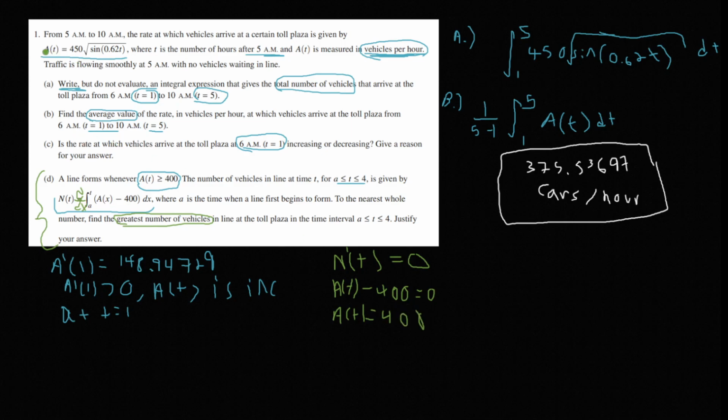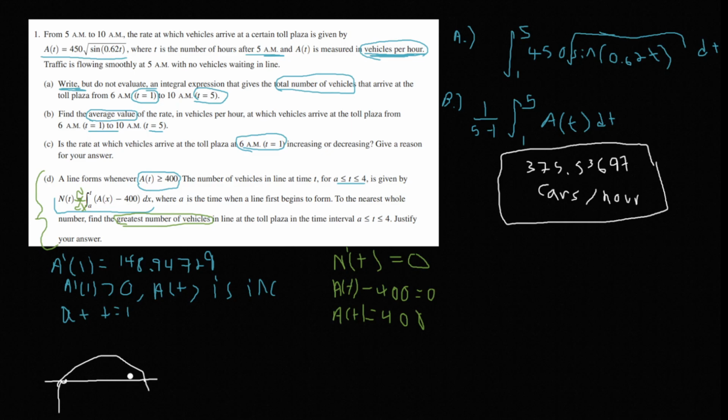And so this is just your a of t function over here. And so you would just solve for it algebraically. If you wanted to graph this, you would have your a of t function, and it looks something like that. And then you have just y equals 400, right? And so there's 2 points.